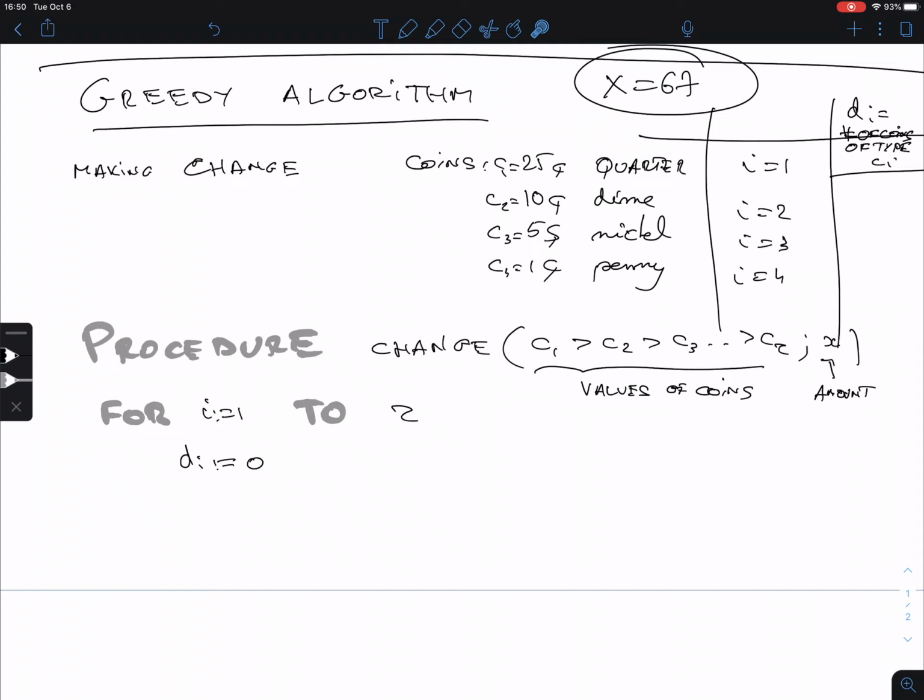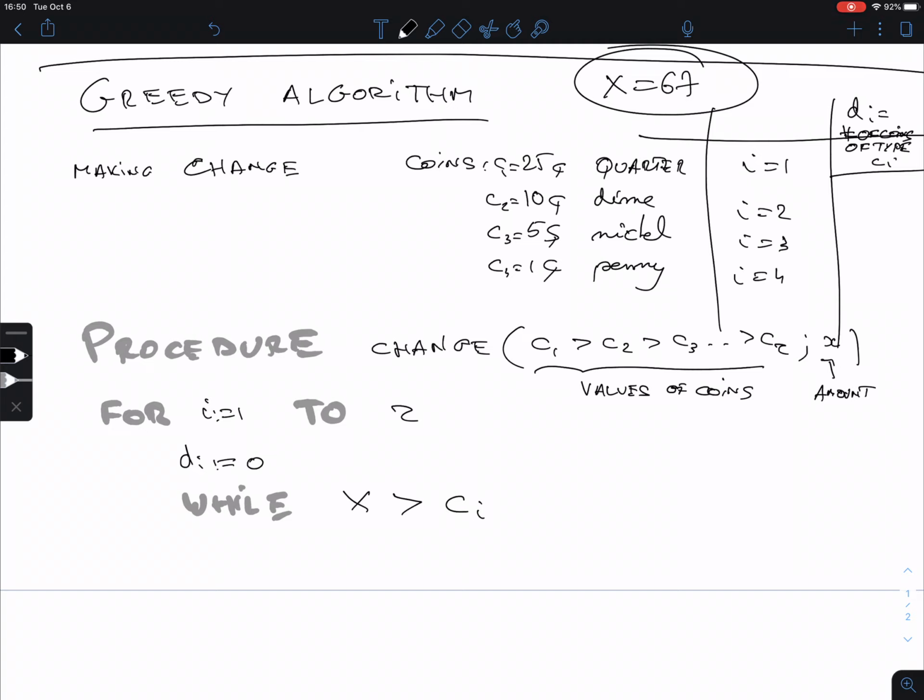Okay, and now what I'm going to do is the amount that is left, I'm going to start subtracting. Let's say i is 3, we're going to compare it with 5 cents. If it's bigger than 5 cents, then I subtract 5 cents from it, and then try again. So it is a while loop here. You could do it in a for loop, but it is much nicer to do it in a while loop, namely, while the amount that you have, x, is bigger than the coin that you're trying to pay with at the moment.